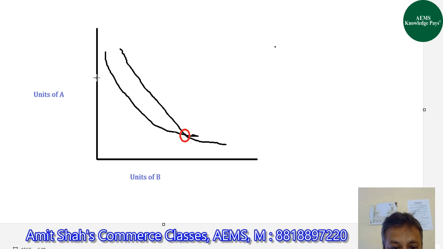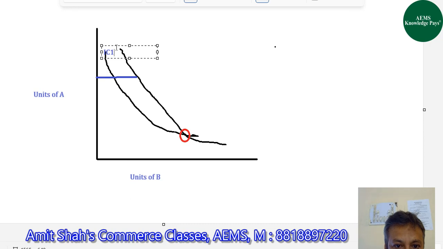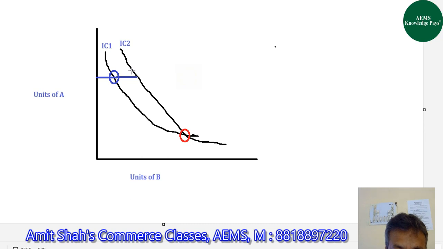I'm marking a straight line that touches both indifference curves. This is IC1, that is indifference curve 1, and this is IC2. Now the line that I have marked, here we have two different points where the line touches the two indifference curves IC1 and IC2.